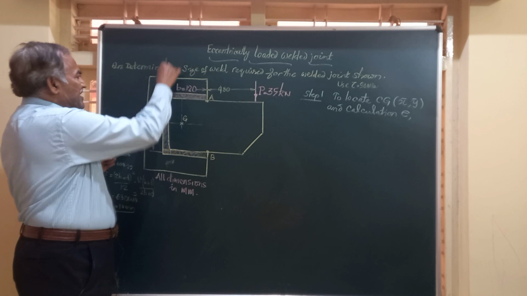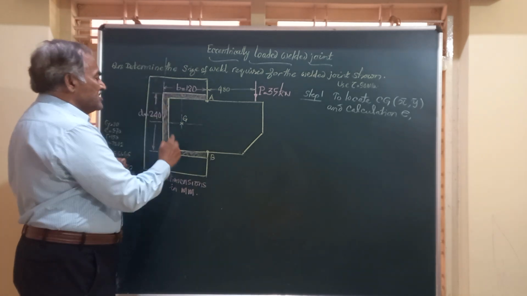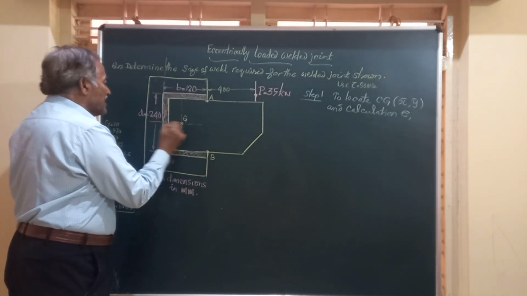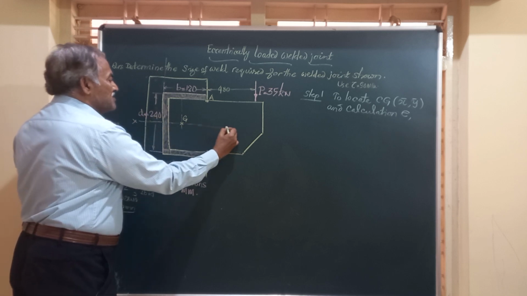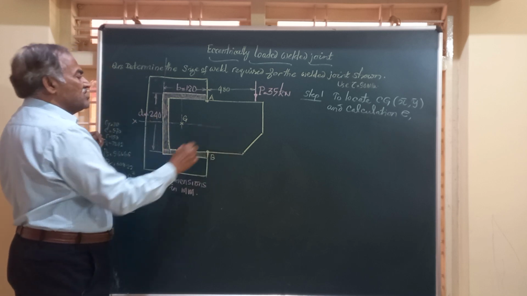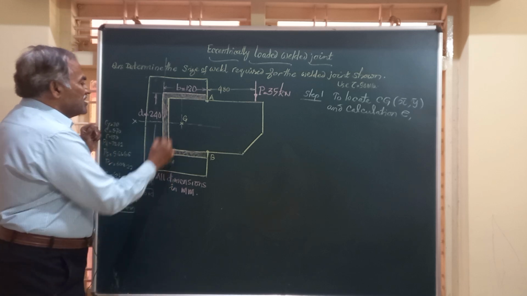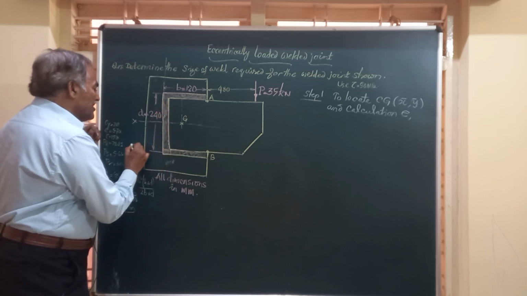So to locate CG is nothing but finding out x bar, y bar for this with reference to this vertical line. Friends, here since this welding is symmetrical about this horizontal axis xx, we can write down directly the value of y bar.